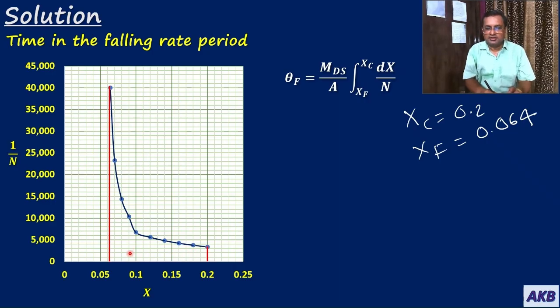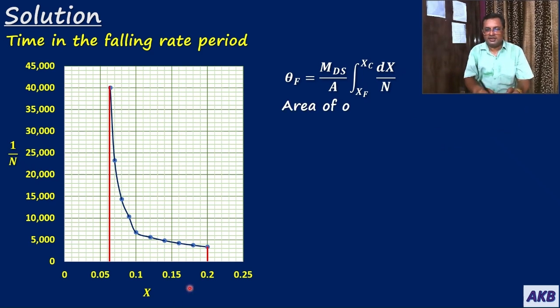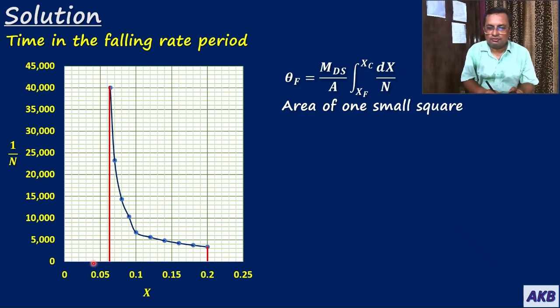Now the task is to measure the area within these limits. So let us get that area. I will erase it. Okay. For measuring the area, I'm considering the smallest square on this graph, and first I will find the area of that smallest square. You can see over here the smallest square on this graph, and let me find the area of this.